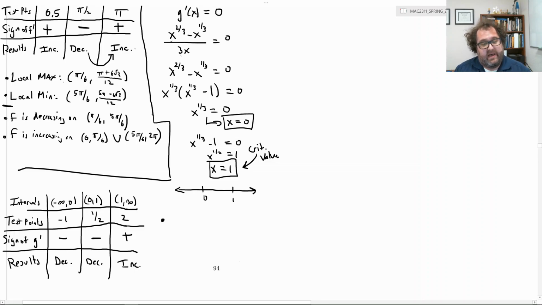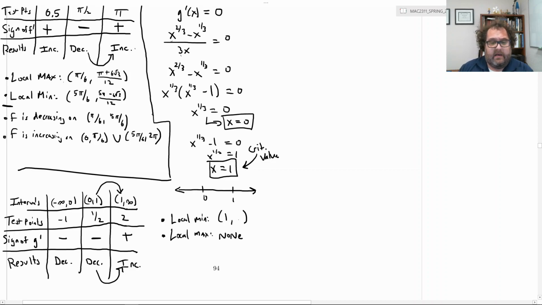But notice at x equals 1, we have a change from decreasing to increasing. So there's a local minimum at 1 comma something. And since there are no other critical values, there are no other possibilities for local extrema. So as far as a local max is concerned, there are none.